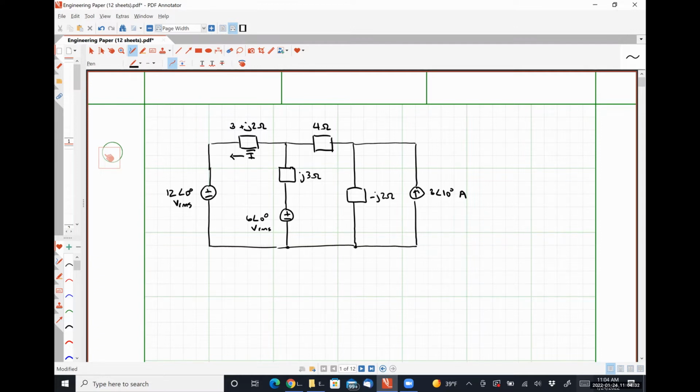All right, so obviously we could solve this circuit using either nodal analysis or mesh analysis, because the calculators that you're allowed to use in this class for exams are incapable of solving a system of equations involving complex numbers.